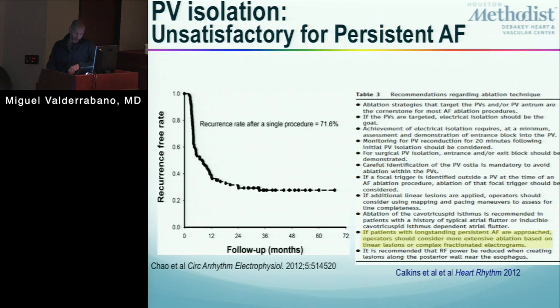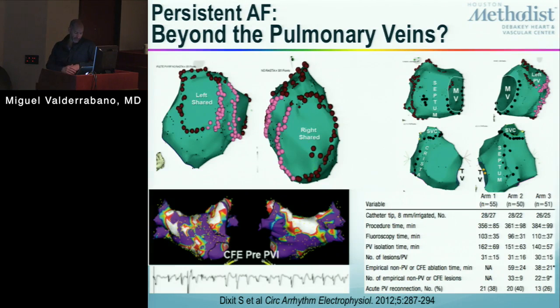And what people have done is basically expand the lesion sets, or do bigger lesion sets, to isolate the pulmonary veins. So these spheres are the volume of the left atrium, looking at it from different perspectives. These are the lesion sets: a single circular lesion set done to isolate the right-sided pulmonary veins, and a single circular lesion set done to isolate the left-sided veins.